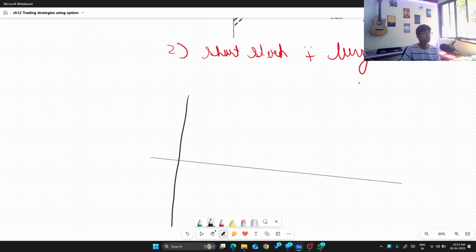We first go long call at strike price K. So here is a payoff diagram of long call, and then we shorted our stock, so it will go down like this. So our total payoff would be like this.